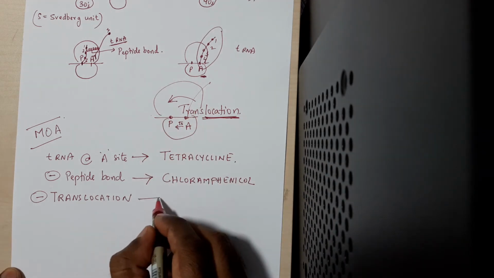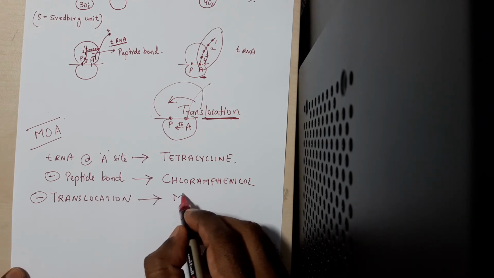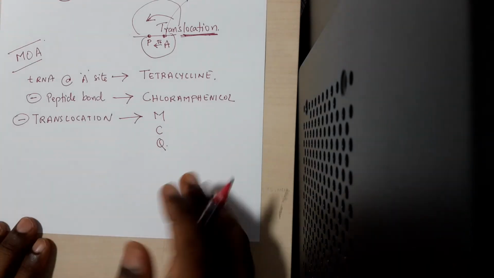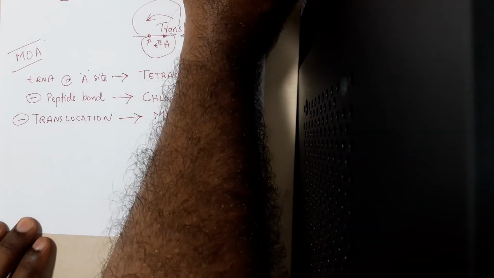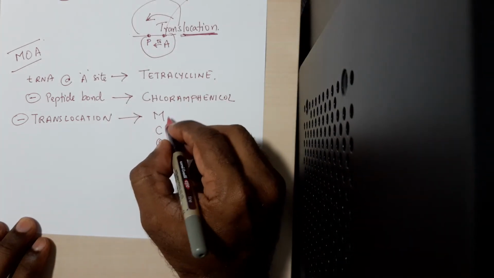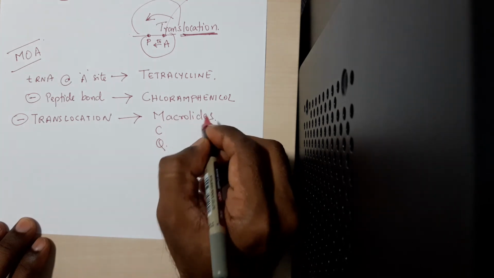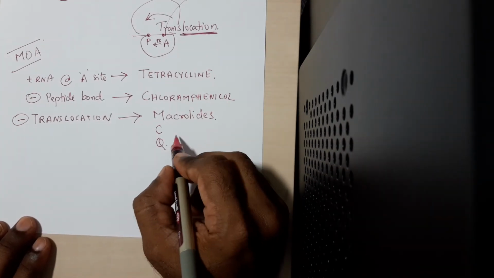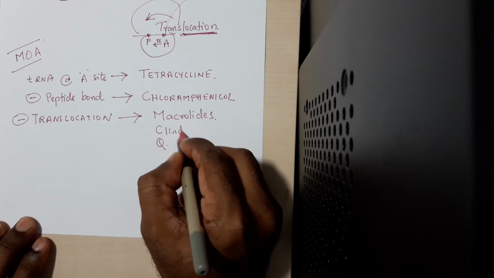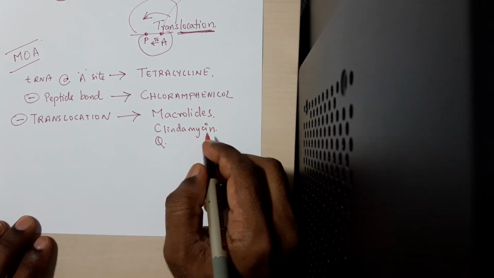What group of drugs prevent translocation? We can remember this with a mnemonic, MCQ. M is for macrolides, which we will start discussing shortly. Then next is clindamycin, which comes under lincosamides.